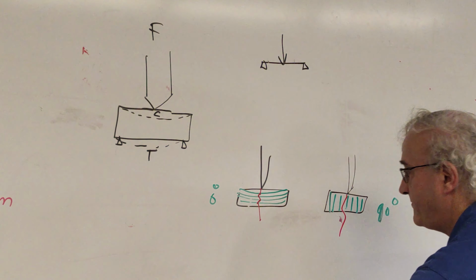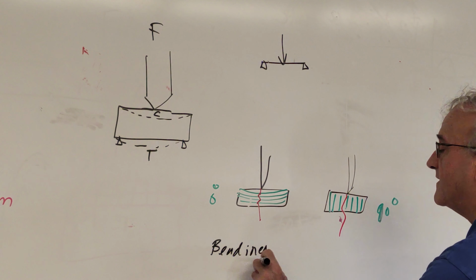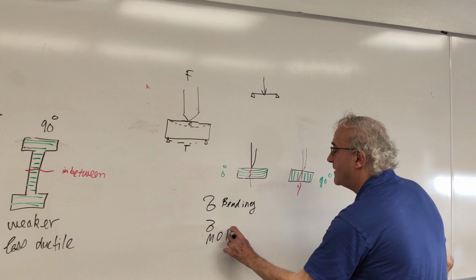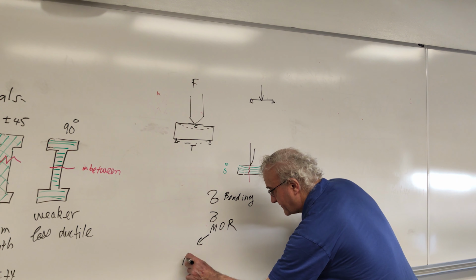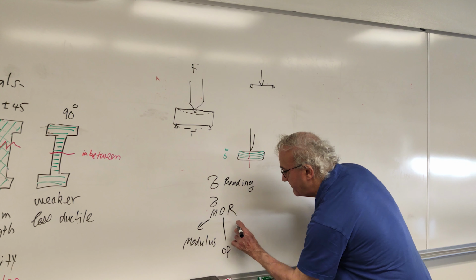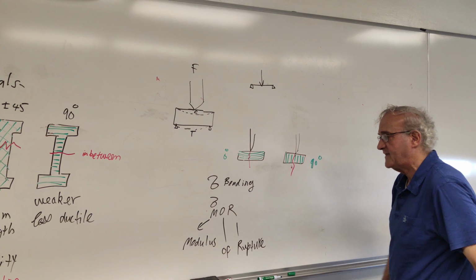And that's why bending here, which we call sigma bending, some people like to call it modulus of rupture. I'm going to give you the publication, and you're going to see this in more detail.